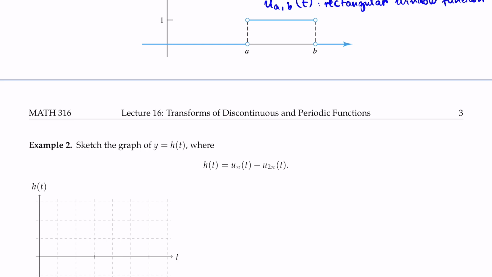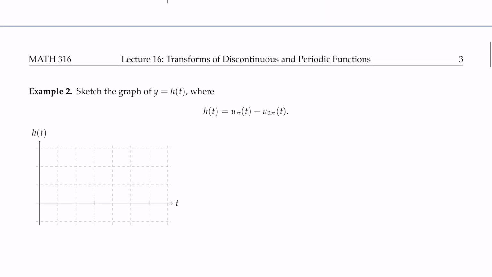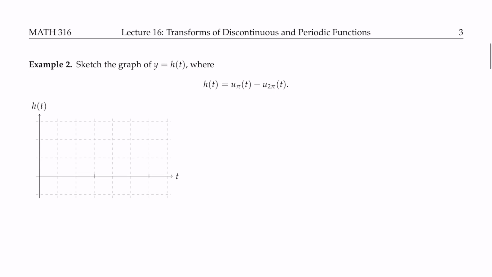I'm going to derive the piecewise defined function and then give you the final notation. So u sub pi of t can be written as u of t minus pi, and u sub 2 pi of t can be written as u of t minus 2 pi. So these are the shifted unit step functions.